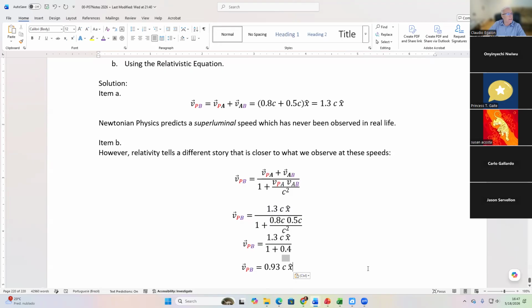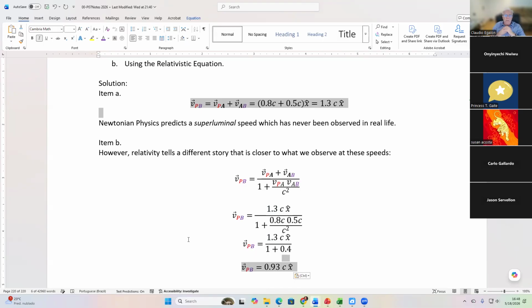You will never get superluminal. And compare this result with Newtonian mechanics, right? Completely off. We're talking about 40% difference with respect to the actual speed. 93, 103, 113.